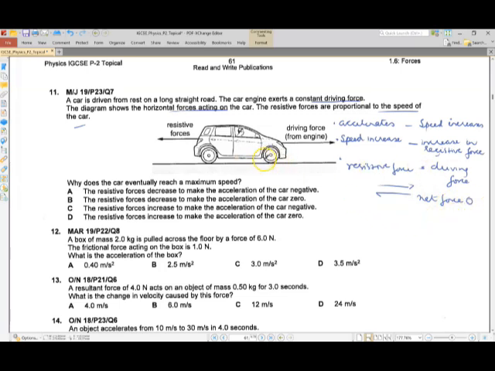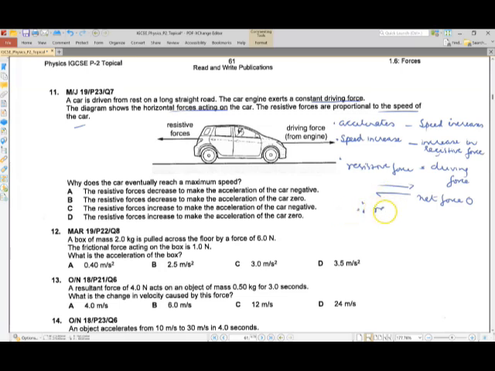The car is going to move at a constant speed. Zero acceleration means the car's speed becomes constant and it has reached its maximum speed. Understood up till now? It has reached its maximum speed. Therefore, we can conclude that the resistive forces increase to make the acceleration of the car zero.